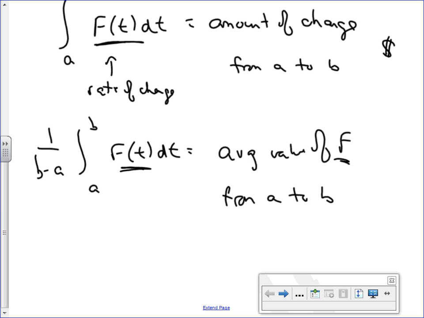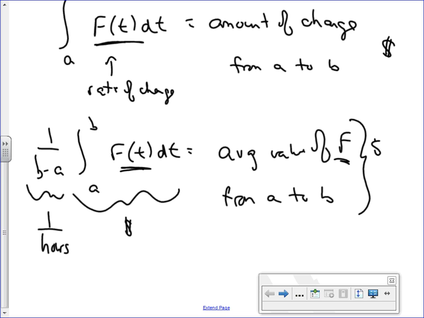So the units of this are dollars, and the units here are 1 over hours. So this is going to be in the same units that f is in, dollars per hour.